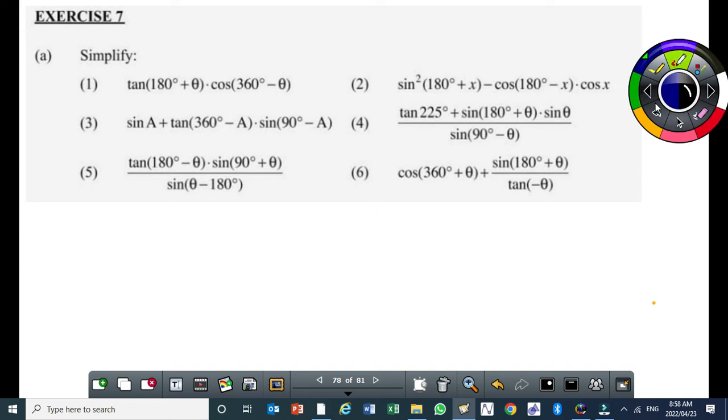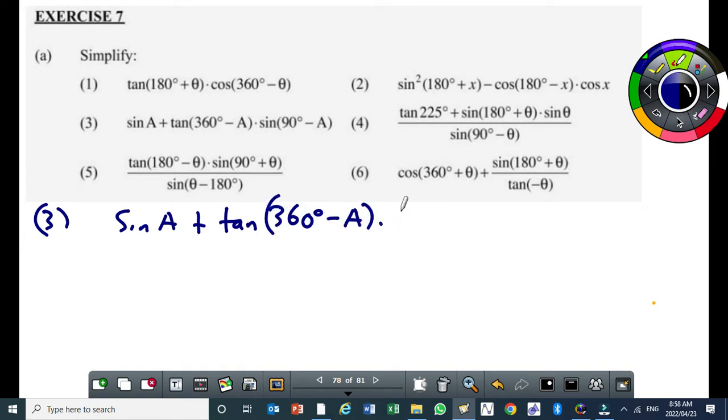The first one, number 3, we have sine A plus tan 360 degrees minus A times sine 90 minus A. Right?